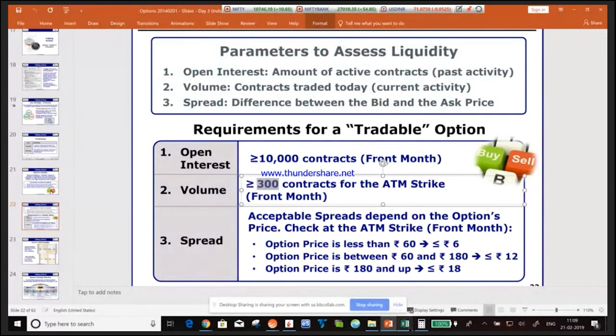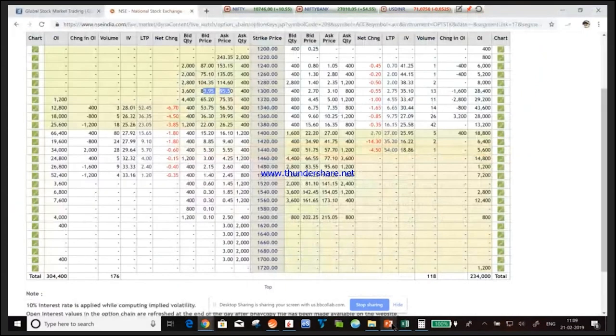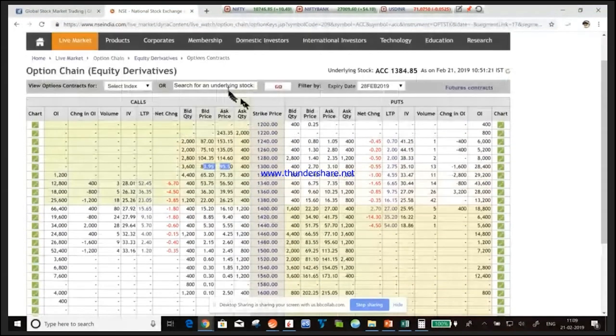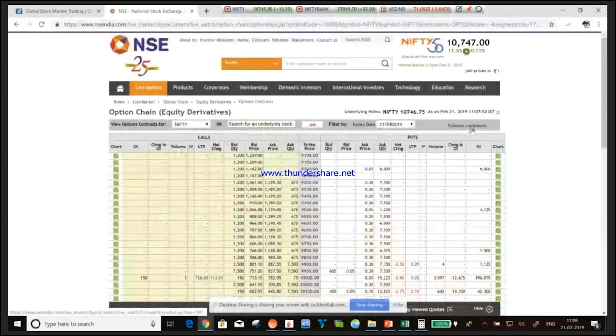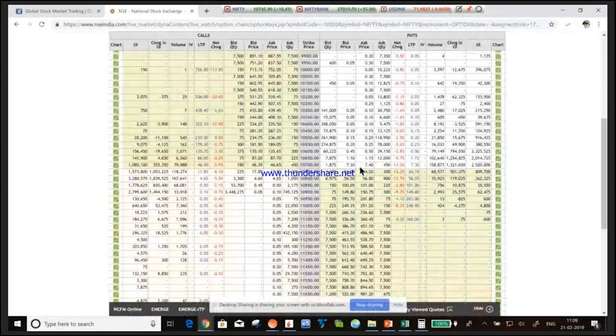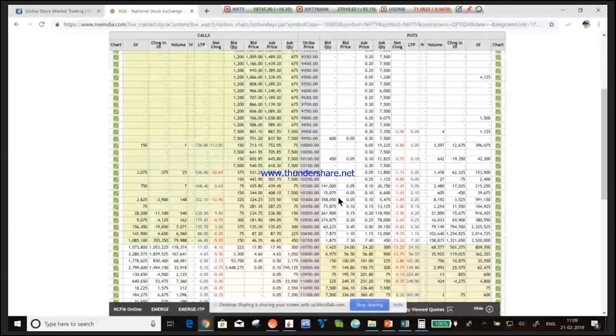Okay, so let's go and check our examples here. We'll go to Reliance. Now, ACC does have it for the call and the put, but the other two criteria are not met, like 10,000 open interest and 300 volume. So if I go to Nifty, the at the money strike is 10,700.